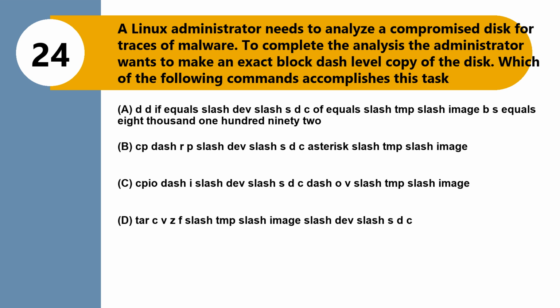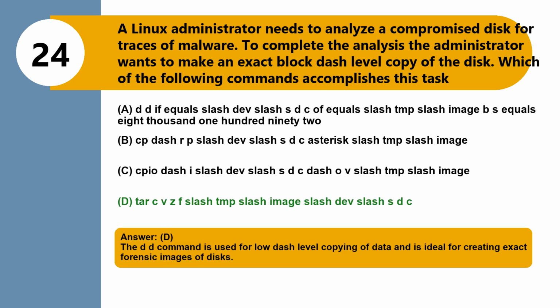Option C. cpio -i /dev/sdc -ov /tmp/image. Option D. tar -cvzf /tmp/image /dev/sdc. The correct answer is option D. tar -cvzf /tmp/image /dev/sdc. The dd command is used for low-level copying of data and is ideal for creating exact forensic images of disks.